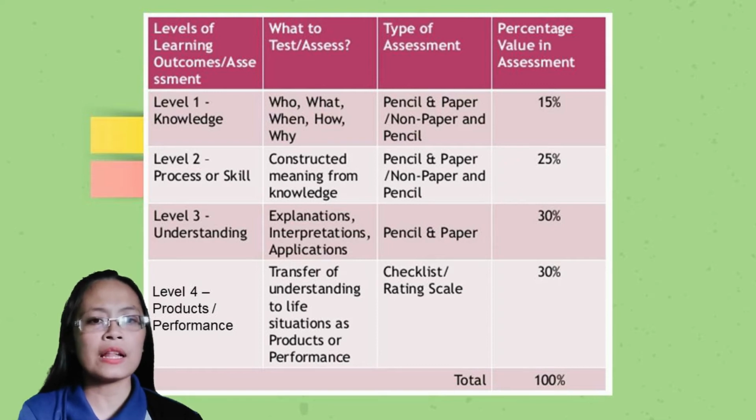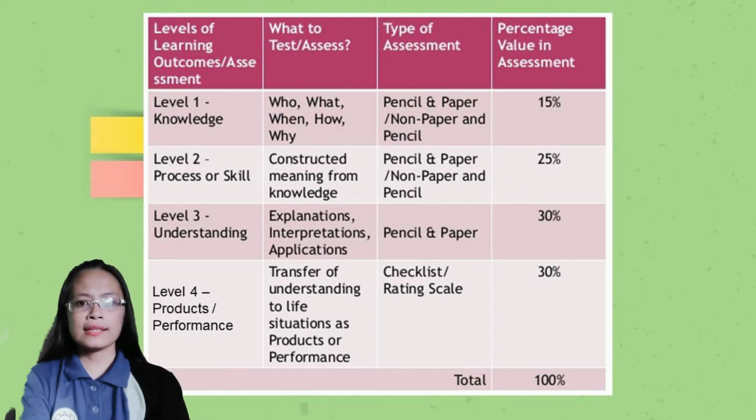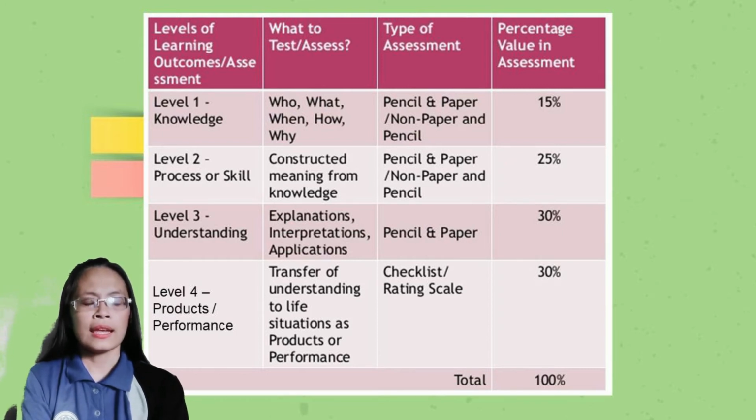Assessment percentage value is 15%. Next is the process and skill, level 2 learning outcomes. In this level, the learner already understands the knowledge. The learner can now construct an idea based on the knowledge and can be done through written assessment or oral assessment.